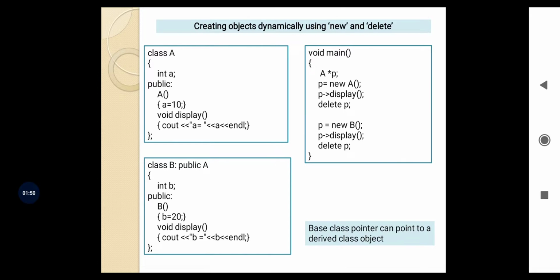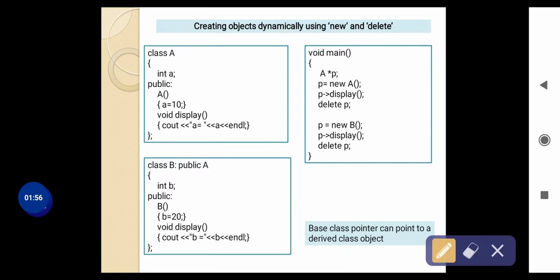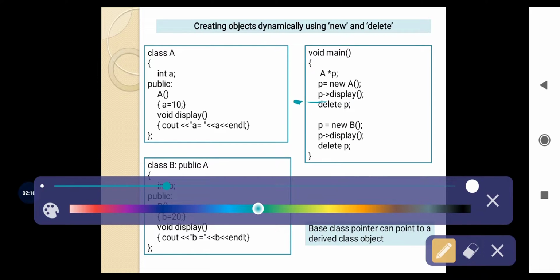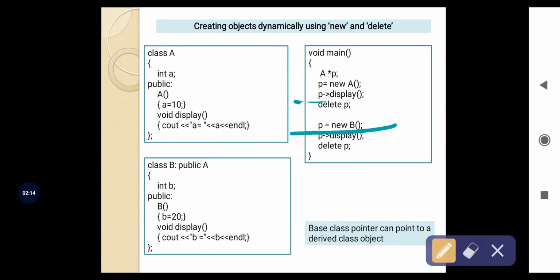This P is pointing to the new object which is created by using the constructor of A, and then P invokes display, which is going to invoke the display of the class A. Next, we again delete P and then we point to another object, which is the derived class object, and we invoke the display method once again.